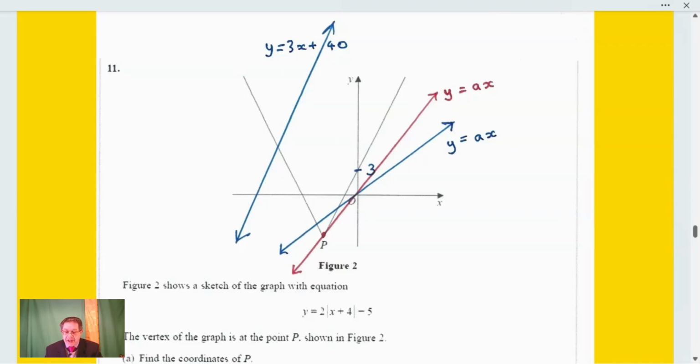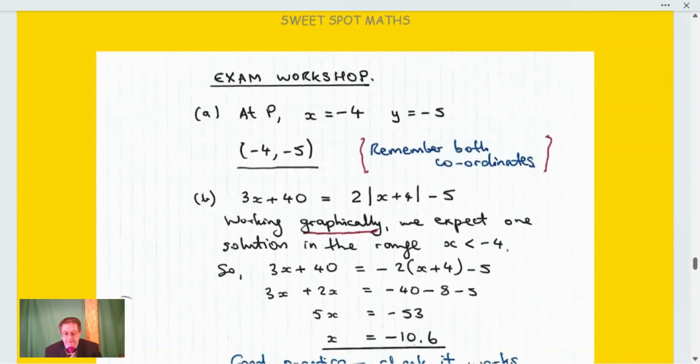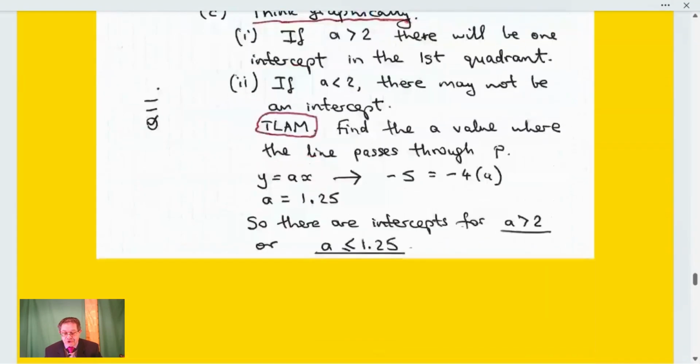So the thing to do is to identify what a value will make this line go straight through P. We know the coordinates of P are minus 4, minus 5, so we put that into the line y equals ax and rearrange, and that will give us a is 1.25. So when the gradient a is 1.25, there is 1 point of intersection. That's fine. If a is less than 1.25, there are 2 points of intersection.